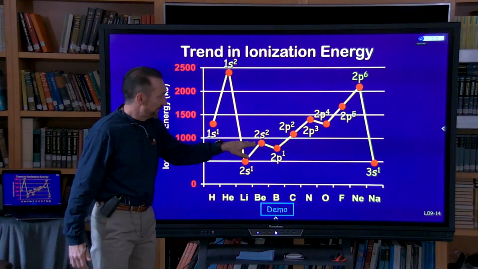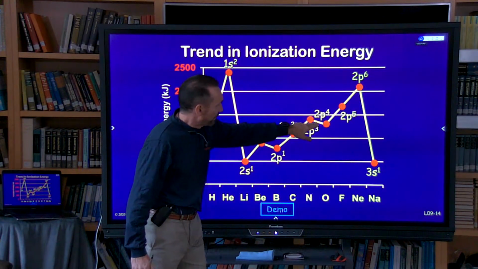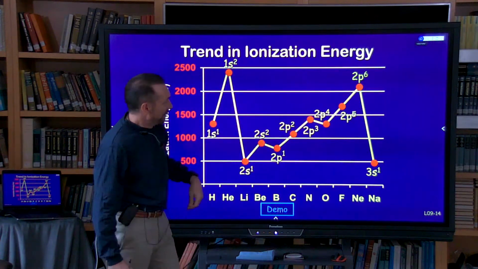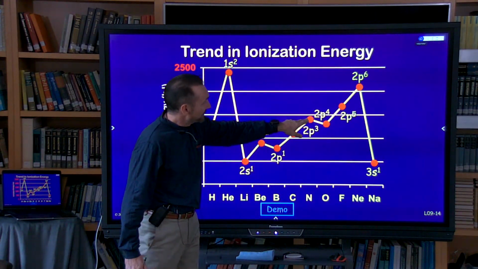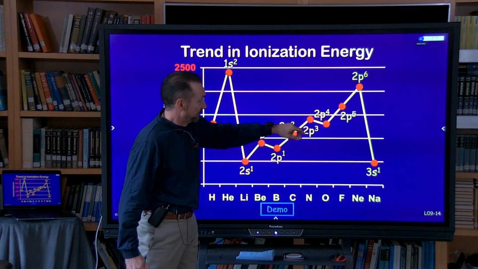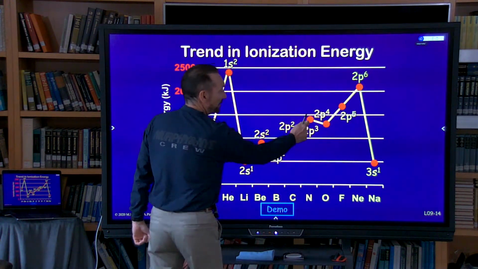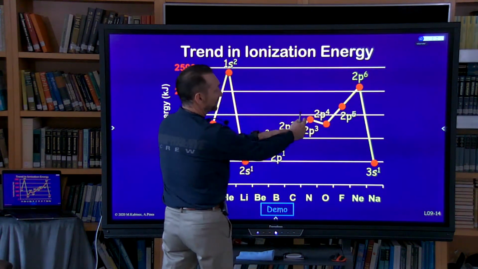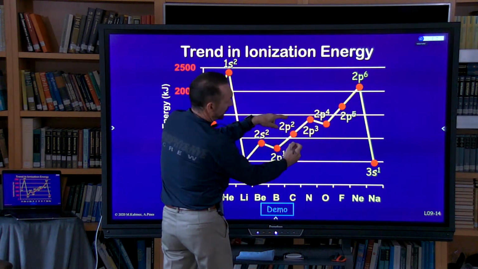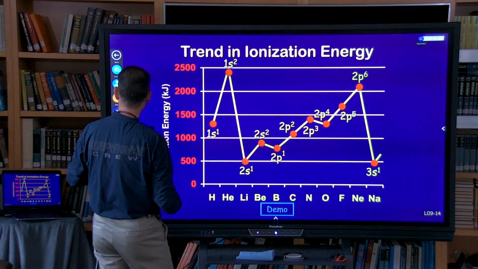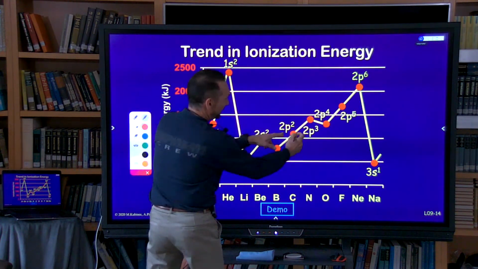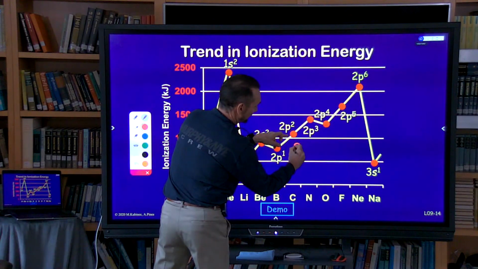There are these areas that we understand now, that here the 2p3 state, this is the ionization energy. So remember, this is how much energy you put in. So if you're putting in the energy of those states, that's the reverse of that.